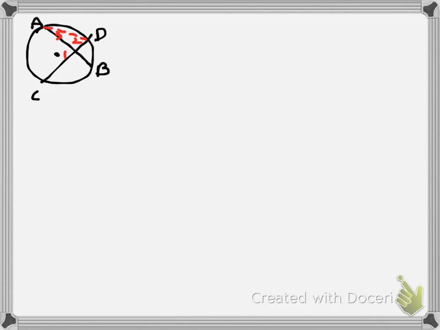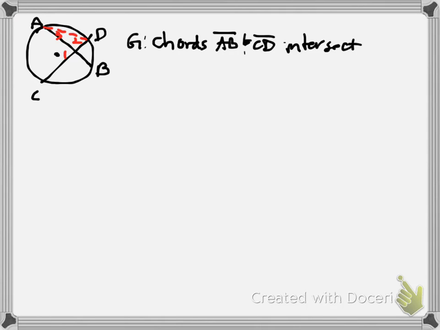Okay. So our given is that we have chords, segment AB and segment CD, intersect inside a circle.